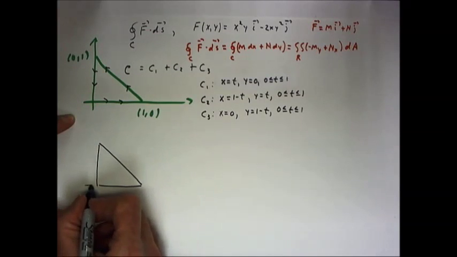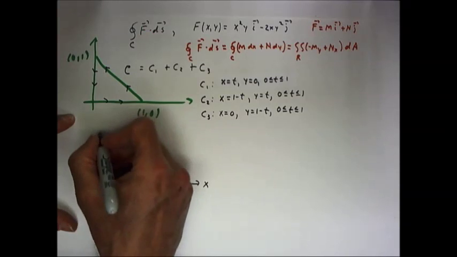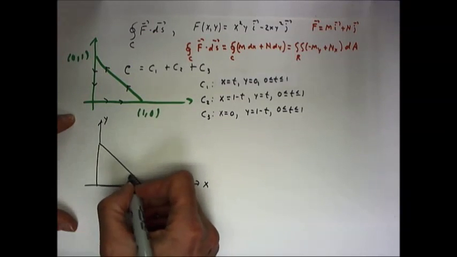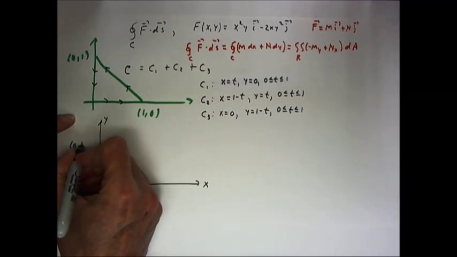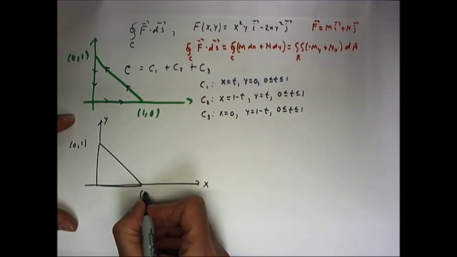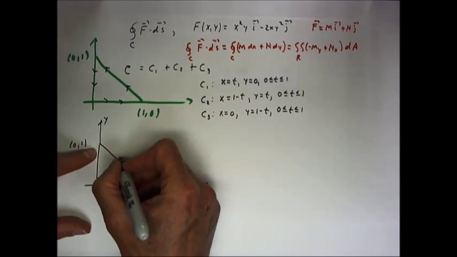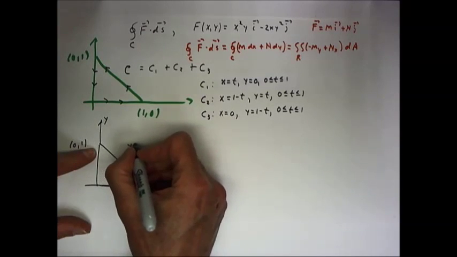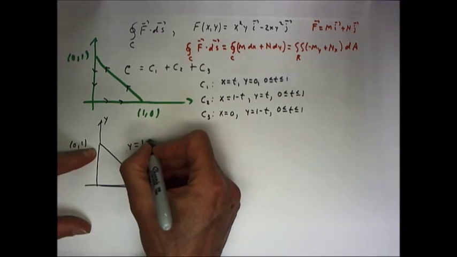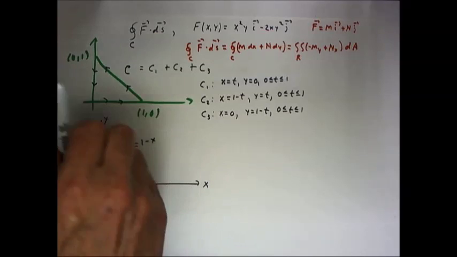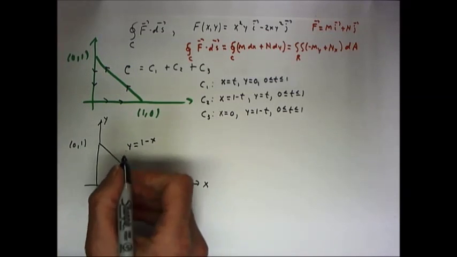Now this region is very easily described. We have our triangle, we have our x-axis, we have our y-axis, and just by common knowledge or inspection, we can say that along this part of the curve, y equals 1 minus x. Slope-intercept form, the intercept being 1, the slope clearly being negative 1.